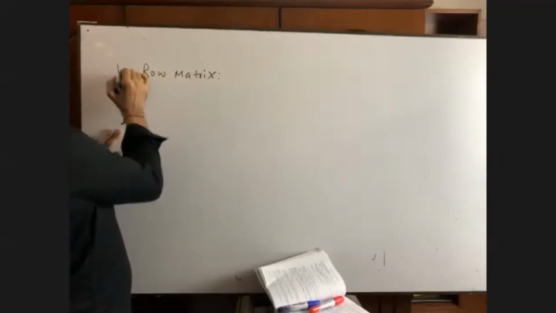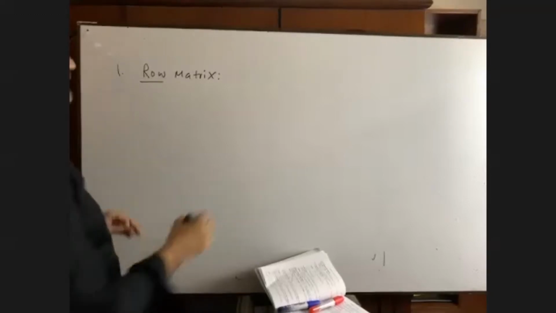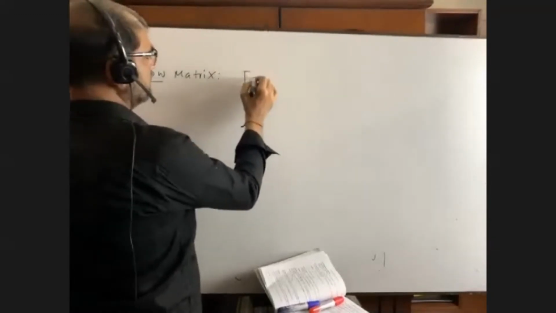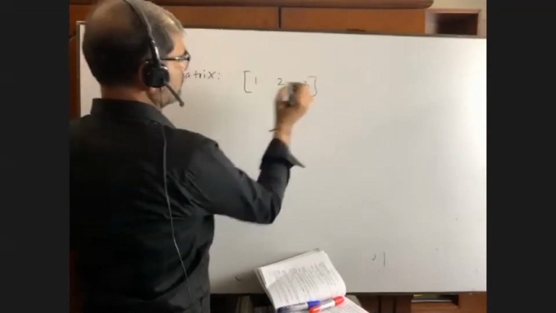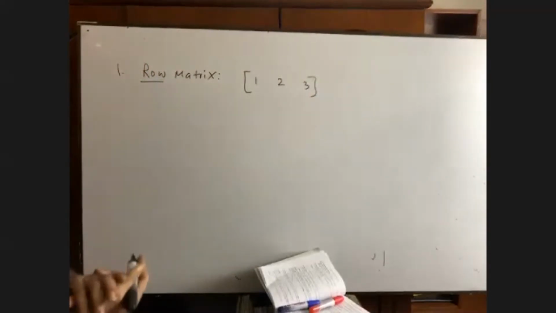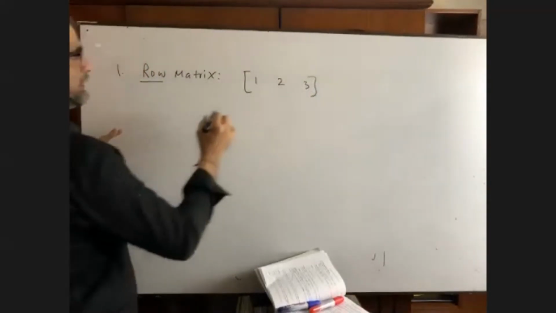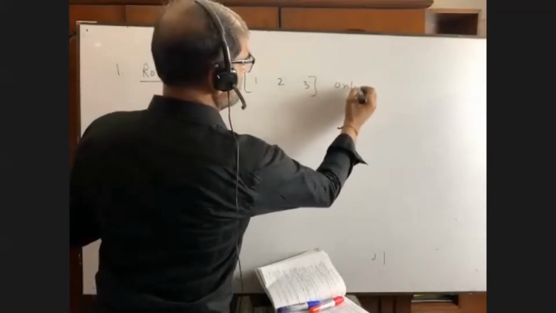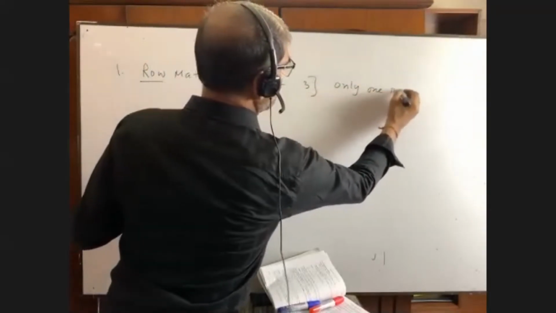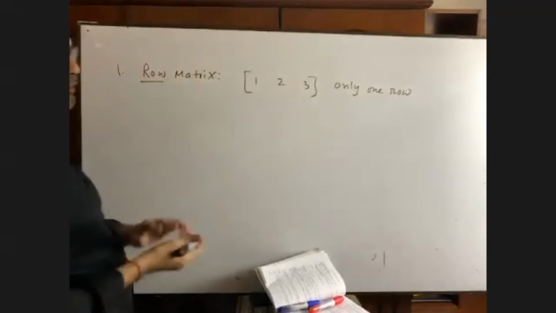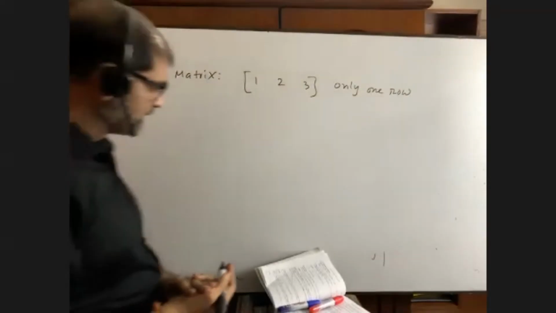By the word row, we understand, that is, it is 1, 2, 3. It is a row matrix. Only one row. A matrix having only one row is called a row matrix.